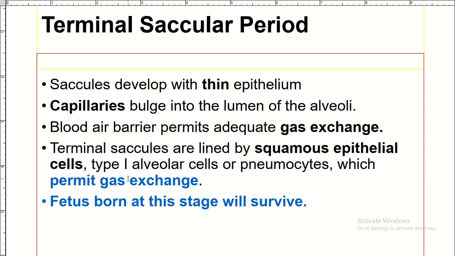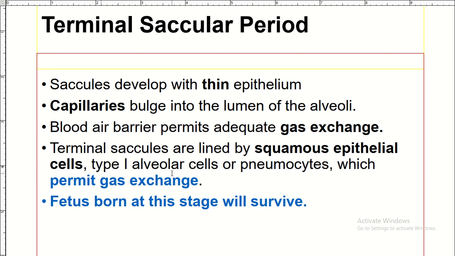And then you're going to have type 2 pneumocytes. They are not responsible for gaseous exchange, but rather they are responsible for secreting a substance that is called surfactant. And these type 2 are the ones that are mitotically active to replace the type 1. And they are cuboidal in structure.